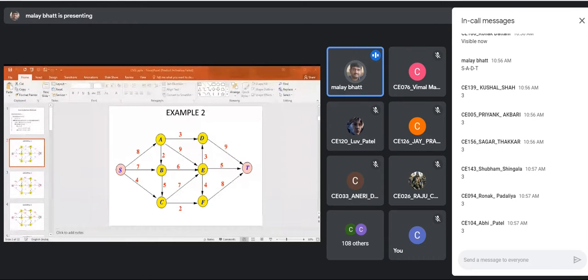Still I have 5 capacity left on the edge S to A. So because of that 5 capacity, again I will select S to A. Now I have utilized A to D already, so I have to consider A to E as the second option.